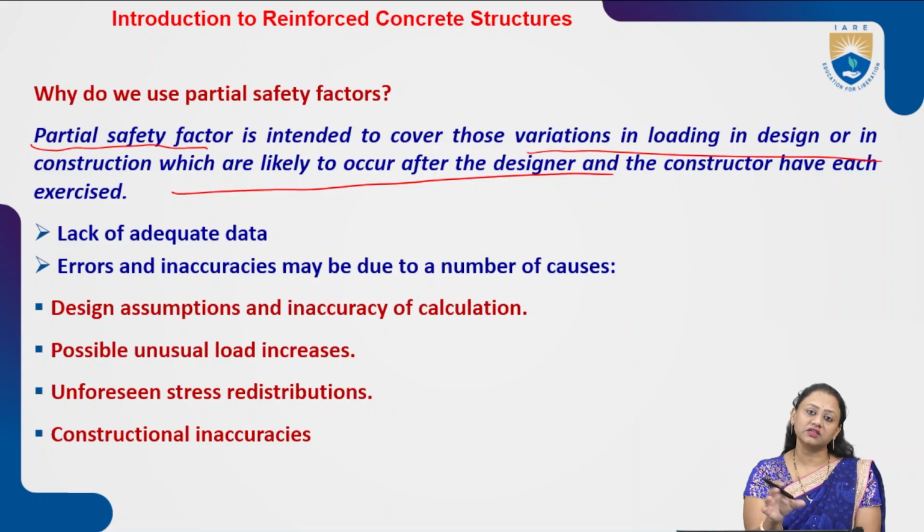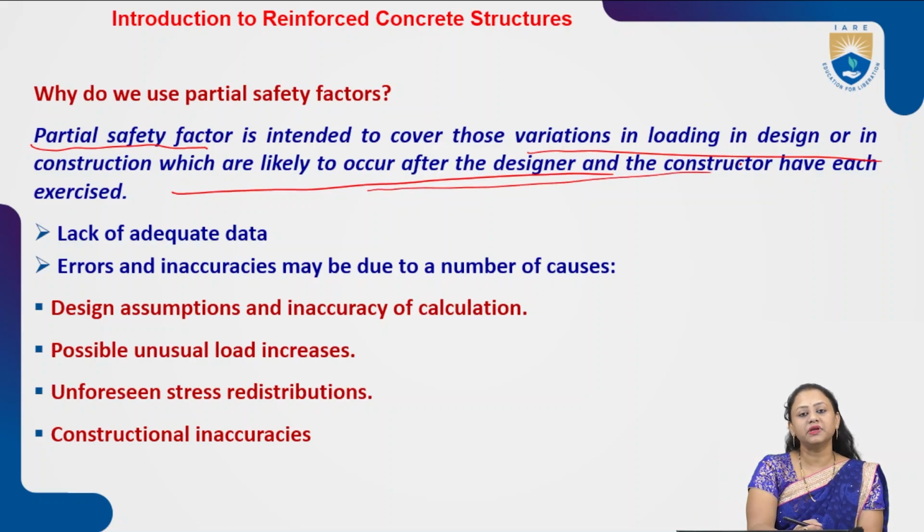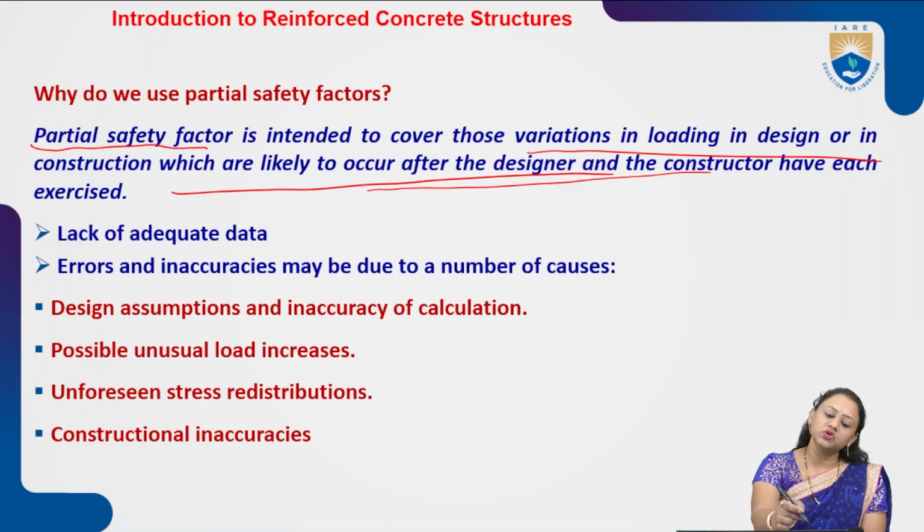When the structure is constructed, it behaves in a different manner compared to the calculations. It is not an ideal case, right? Whatever calculations are done are based on some assumptions, whereas the structure may behave in a more realistic manner, whereas the calculation may be more idealistic. So there is a gap, right? To meet that gap, we are using a partial safety factor.